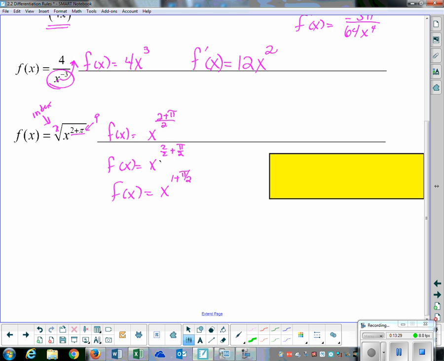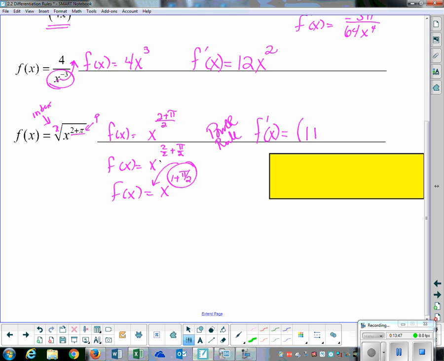You'll see why I like that in a moment. Let's use the power rule to take the derivative. So we're going to have f prime of x is equal to, well, this is the entire power. It's going to come down. I'm going to have a multiplier.